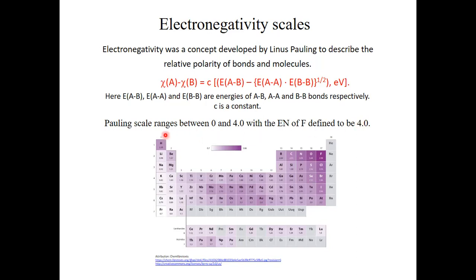Okay, so now you see here the periodic table with all the Pauling electronegativity values. First of all, what is eye-catching is that the noble gases don't have electronegativity values. Why is that? Because noble gases make hardly any compounds. And of course, bond dissociation energies require compounds to be present.